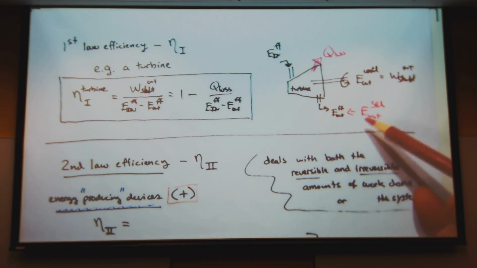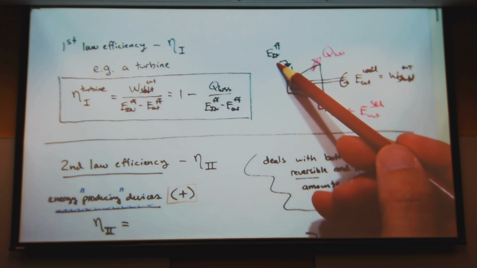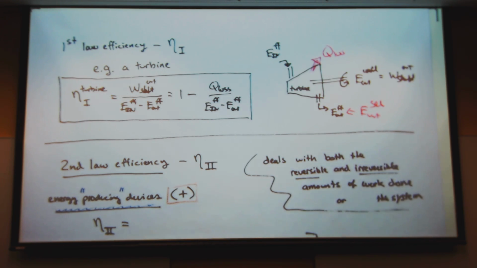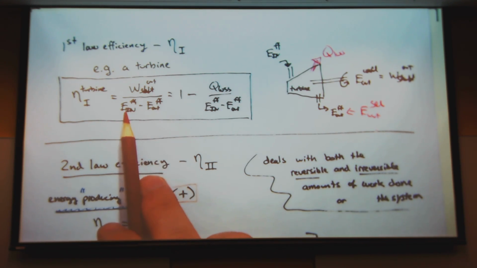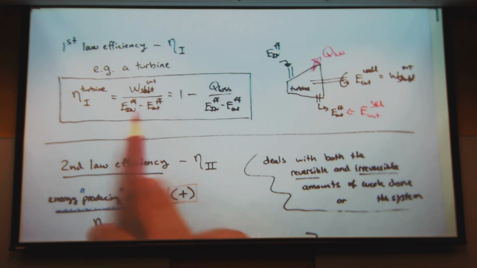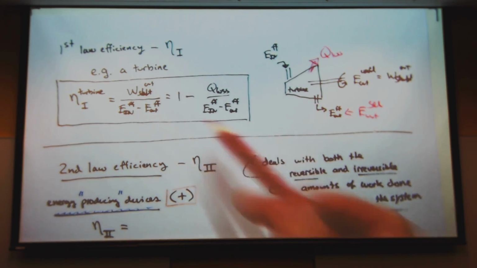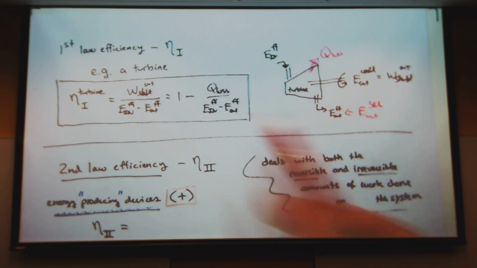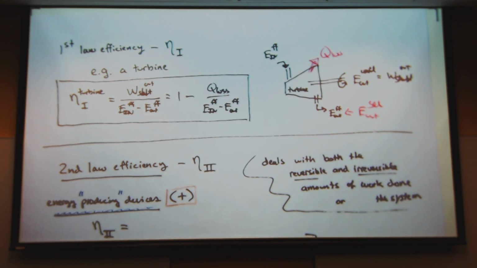Because if this is 10 kilojoules coming in, we can't really decrease the energy of the fluid out to 0 kilojoules, because we have to have fluid out. So we're just going to say that of the 10, 8 we're going to use as an efficiency. And that's why we divide. If this is 10 and this is 2, we divide by 8. So the first law of efficiency kind of cheats. And you can see that a little bit better when you look at a turbine, an energy producing device. Energy consuming wasn't quite as clear, but I think with energy producing it's much clearer.